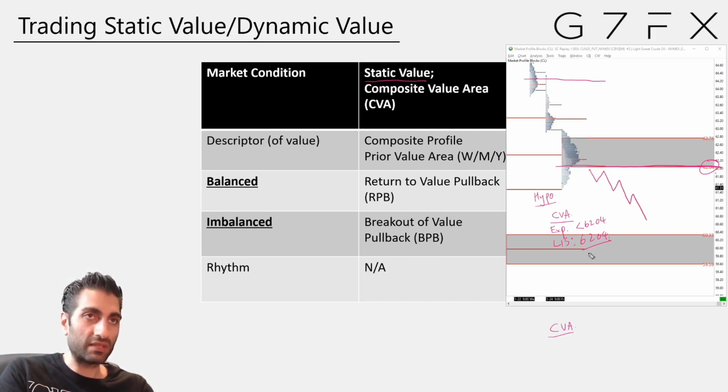So I would say breakout of value, pullback. I don't want to write the whole thing, so I can just call it a breakout, pullback. Breakout of value, pullback is my expectation for the day below 6204, and above 6204 I'm expecting a return to value, pullback.